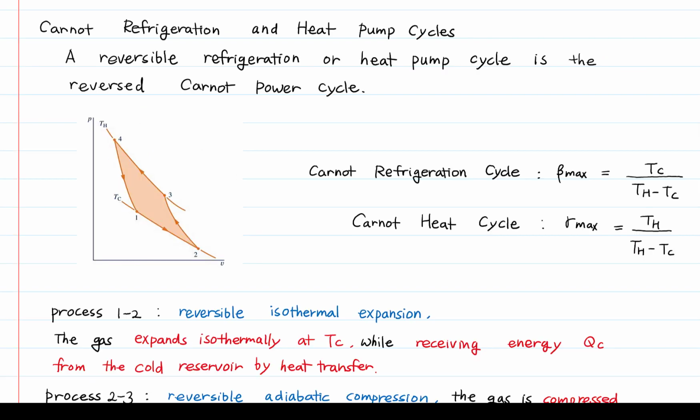If the Carnot cycle runs in the reverse direction, the device becomes a refrigerator or a heat pump. W net is the required work to transfer heat from a low temperature to a high temperature. So W net is the area enclosed by 1, 2, 3, 4, 1. QL is the heat absorbed from a low temperature reservoir at TC, and QH is the heat rejected to a high temperature reservoir at TH.